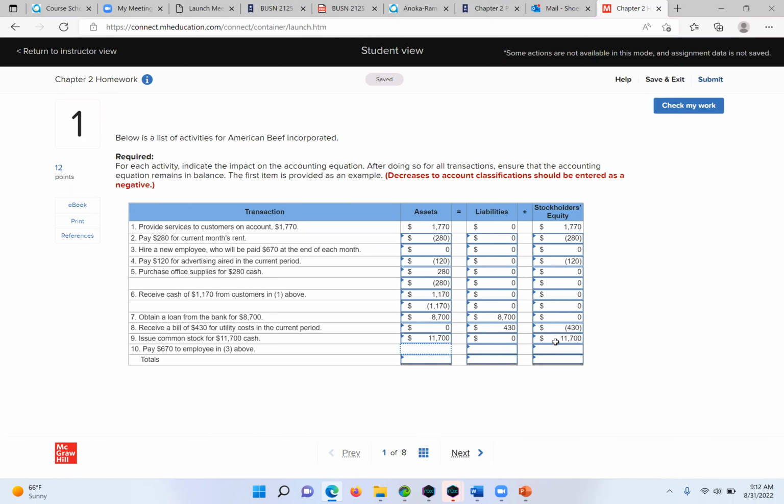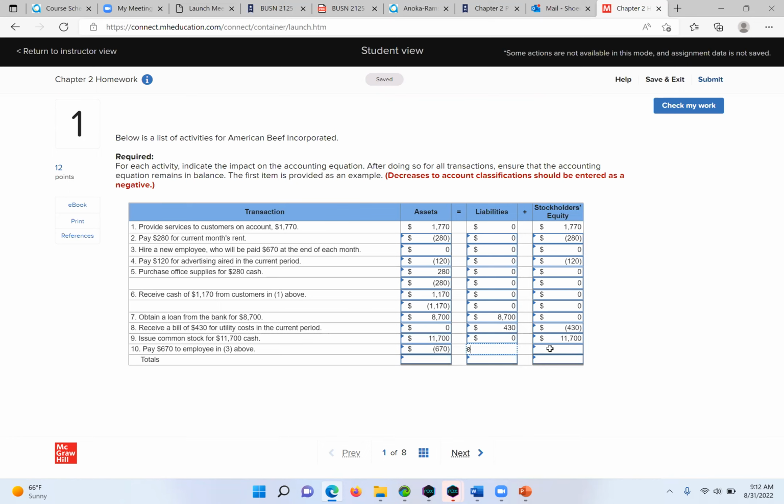Now, let's look at number 10. We now pay $670 to the employee in number 3 above. Okay, he does work for us. He did work, we owe him money. To pay him, we use cash, meaning cash went down $670.